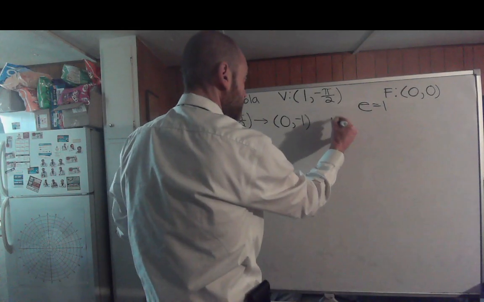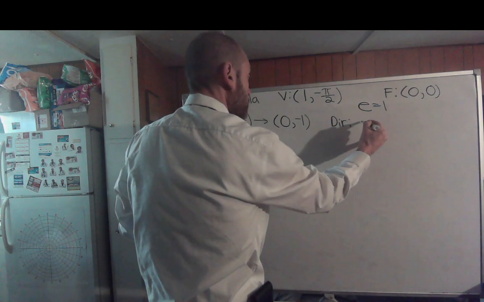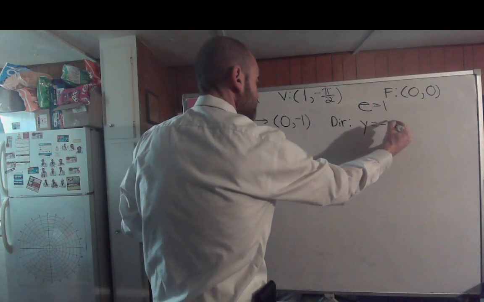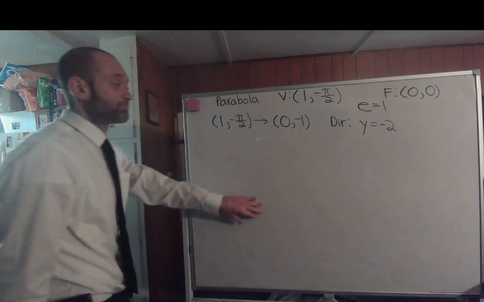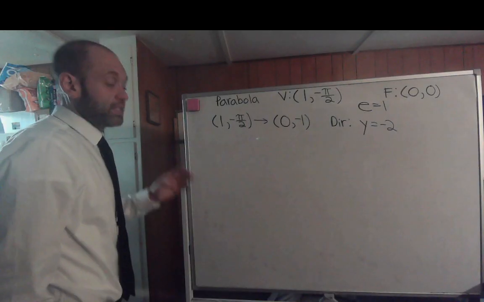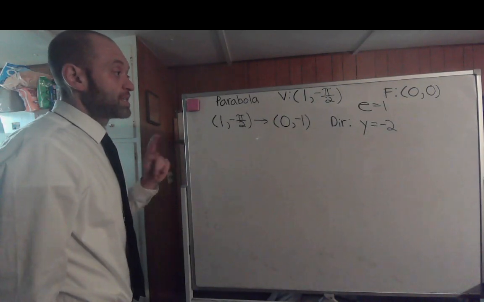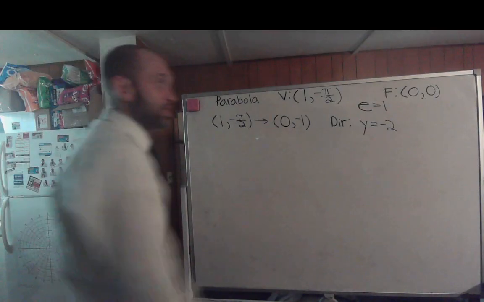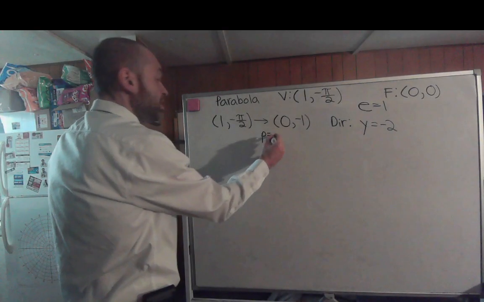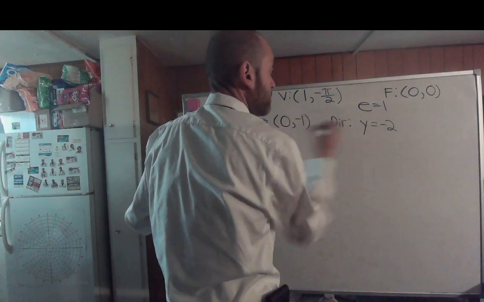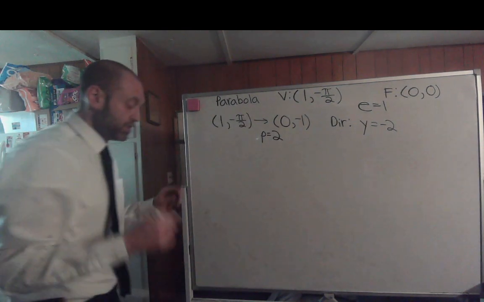You would end up getting a directrix at y equals -2. So we got the equation of the directrix, we got the eccentricity. What's left now is to find p, the distance between the focus and the directrix. Well, p is going to be, so we go from a y-coordinate of 0 to a y-coordinate of -2, that means p has to equal 2.